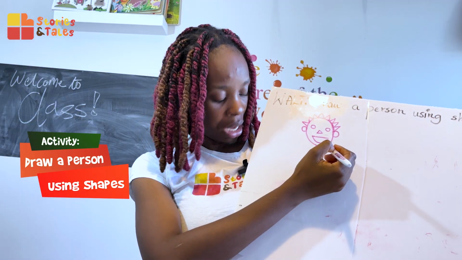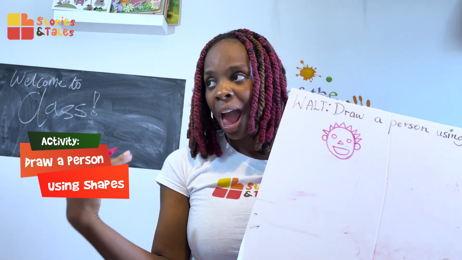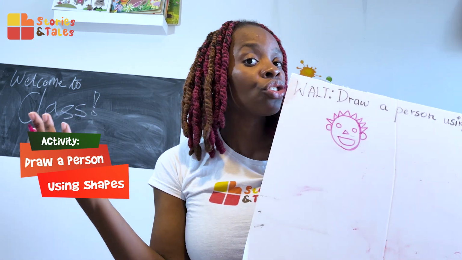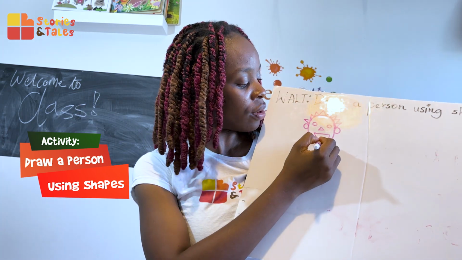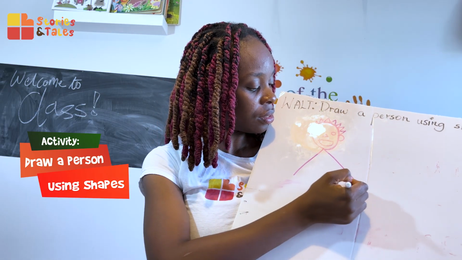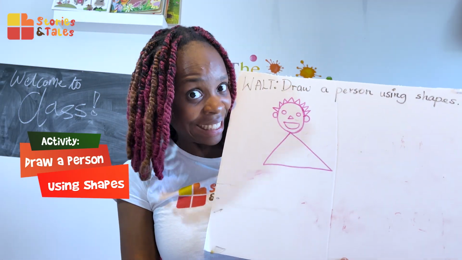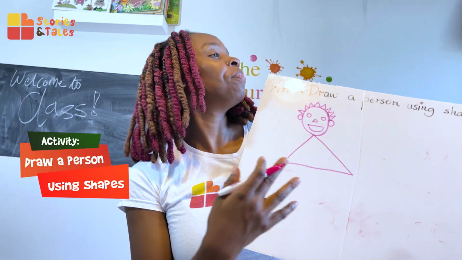For the body, if it's a girl, I like to give her a dress. And the shape of the dress in my head is a triangle. So we go triangle and close it up. Can you see her forming?